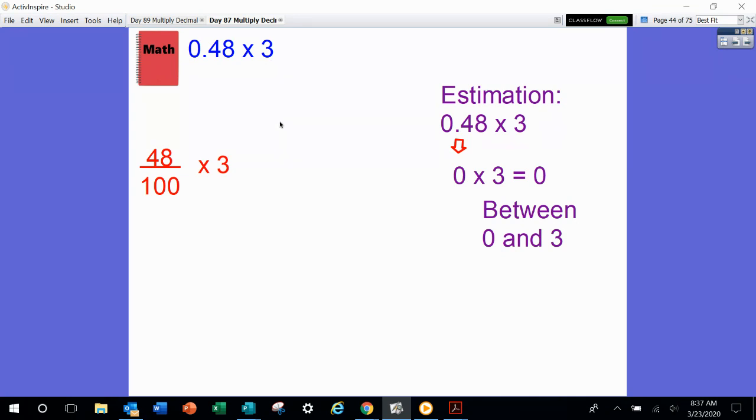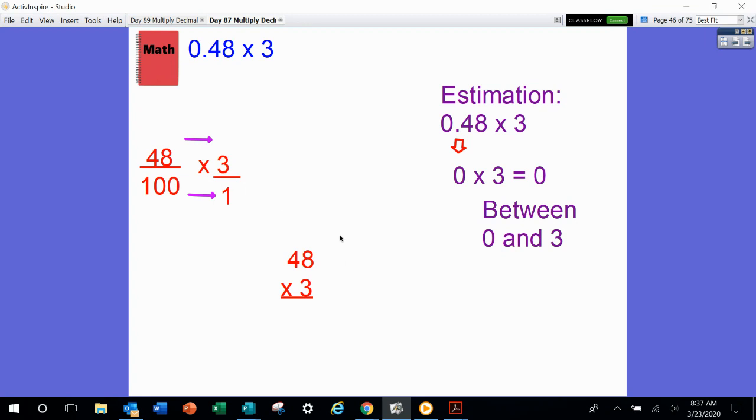What do I need to do before I multiply these two things? I have a fraction here and I want to multiply a fraction. So I'm going to change this 3 into a fraction. Once it's a fraction, all I have to do is multiply straight across.